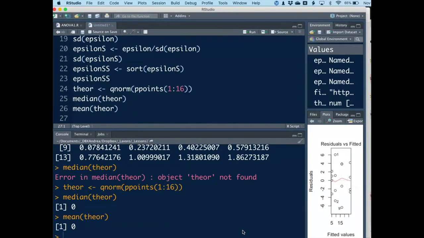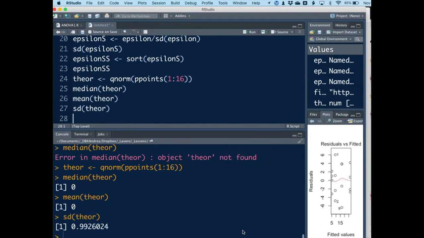And that's good because we know that the standardized Gaussian has a mean equal to 0 and the standard deviation must be 1. Yeah, almost. There are some rounding errors, but that's a typical standardized Gaussian distribution.